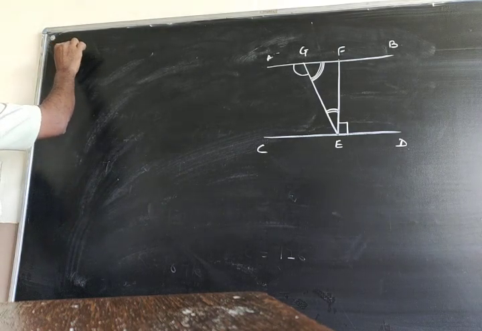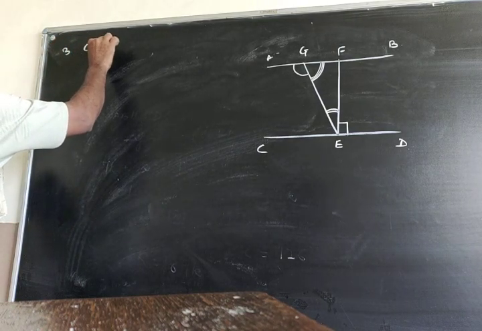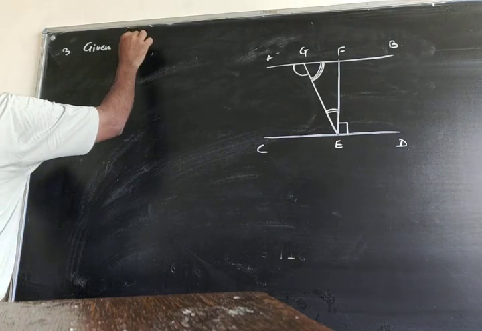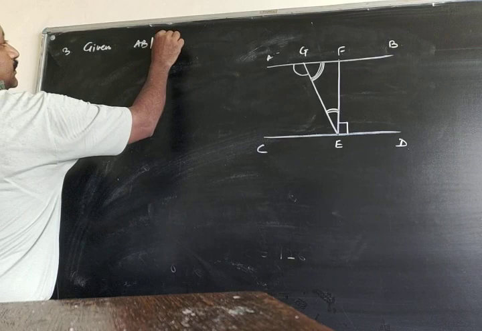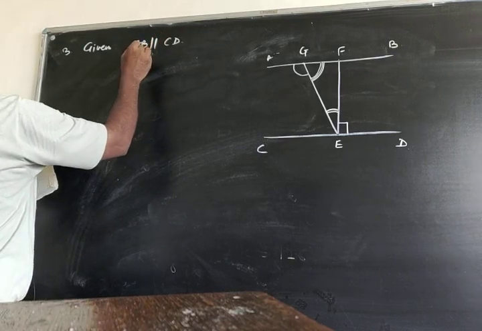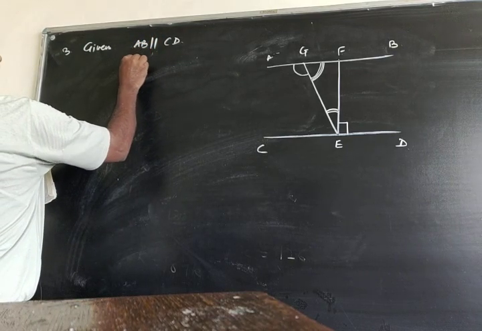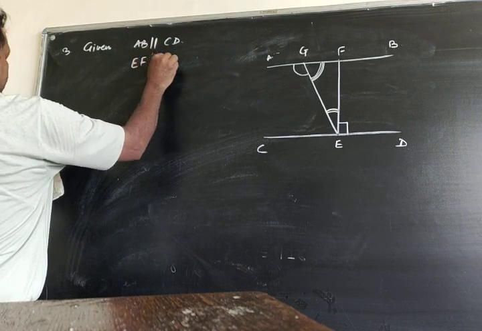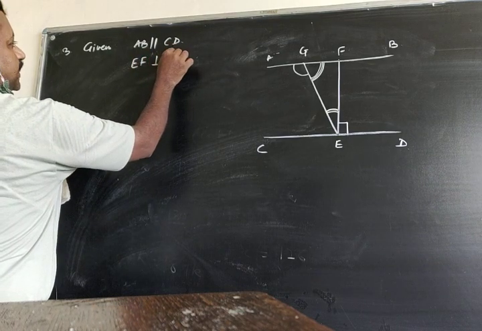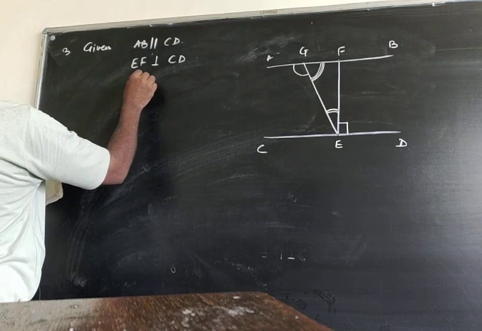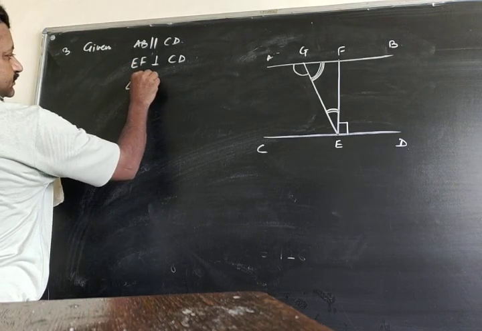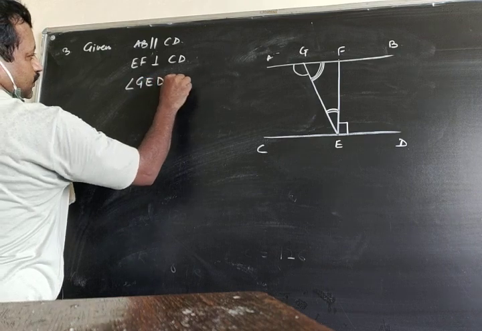Question number 3. Given: AB parallel to CD, EF perpendicular to CD, angle GED 126 degrees.